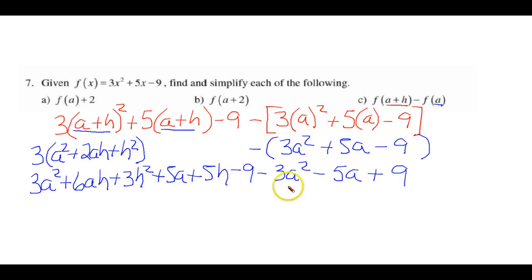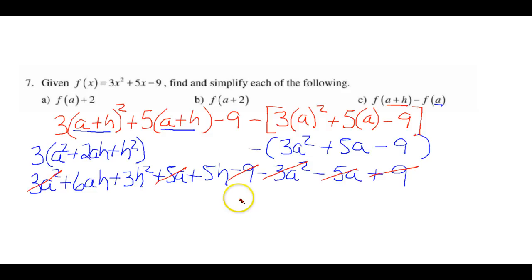Now I have the job of combining like terms. Wow. Well, we can do this together a little bit here. So I have 3a squared with a negative 3a squared. I'm just going to cancel those out. Now I have a negative 9 and a positive 9. I have a positive 5a with a negative 5a.